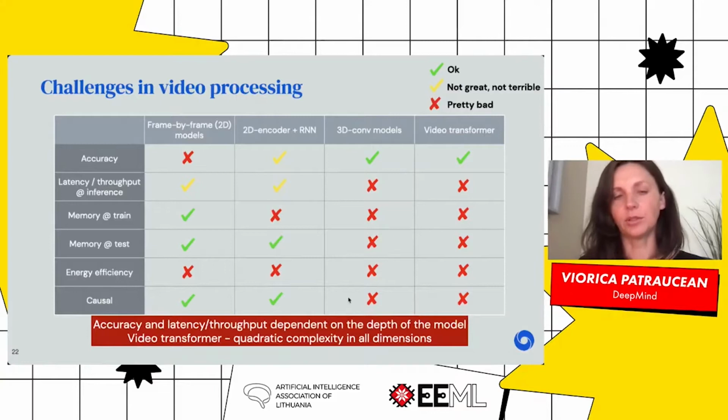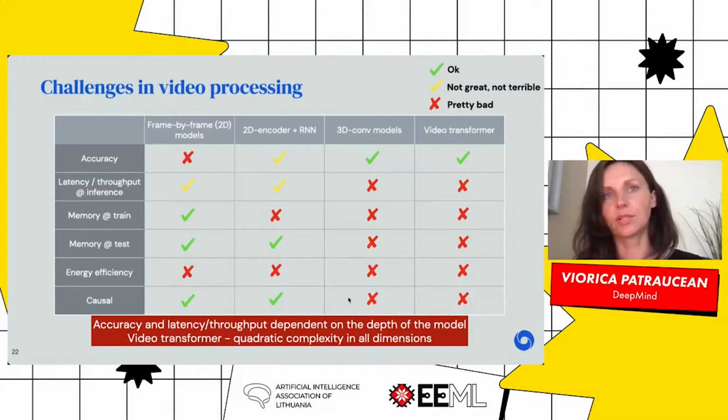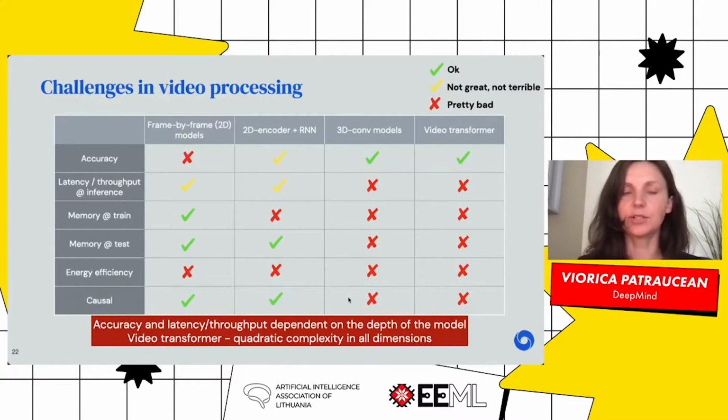So if we wanted to increase the depth to get more accurate predictions, this would automatically increase the latency, which is a downside. And of course, for video transformers, because of the self-attention mechanism, they have quadratic complexity in all dimensions. So this is a huge limitation when we think of processing long video sequences, for example.